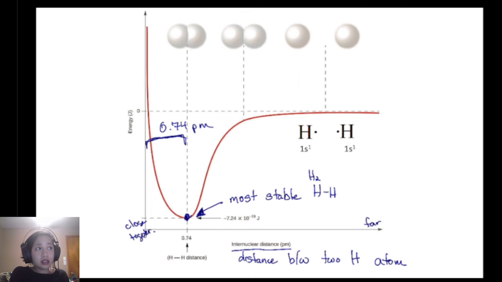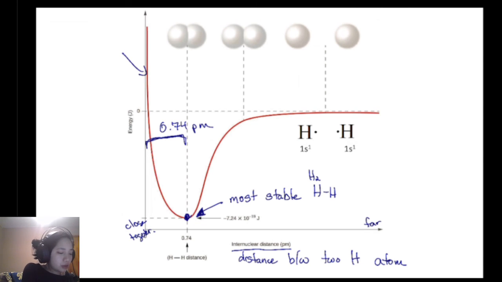It's gonna cost more energy to put those atoms close together. Why does that happen? It's because we have these huge nuclei that contain a proton. So now, as you're bringing those two protons closer and closer together, the proton on the one hydrogen atom and the proton on the other hydrogen atom, there's a repulsion there because they're two protons. Those two protons get closer and closer together, and there's going to be repulsion that essentially increases the energy of the system.